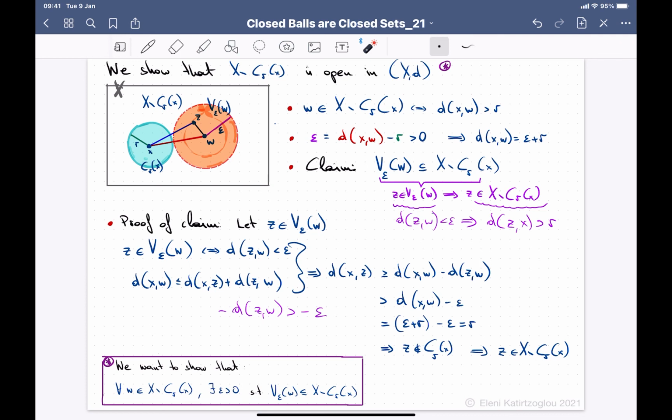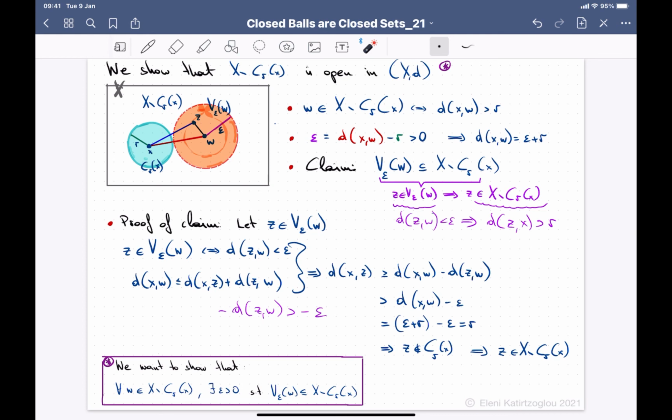So this last step proves our claim that if epsilon is equal to this quantity, then this epsilon neighborhood of W is all included in the complement of the closed ball with center X and radius R. Did we prove the claim? Okay, so I think it's clear that we proved the claim.